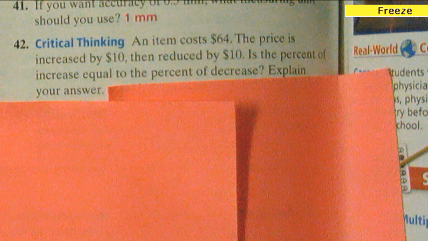So you're doing percent increase first, and then you're doing percent decrease. Work it together. You guys can work together. Chris, sit up. Okay, do this problem. Talk it through.